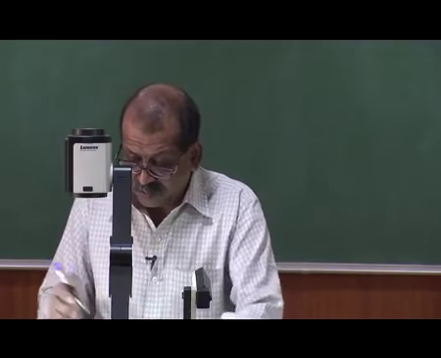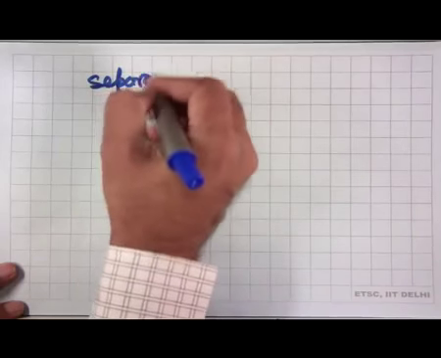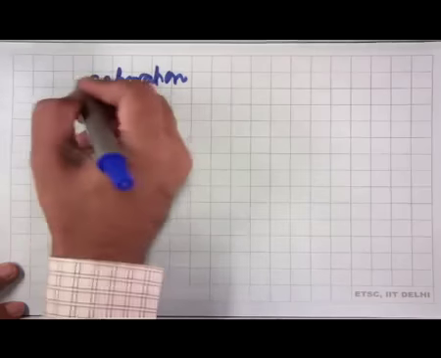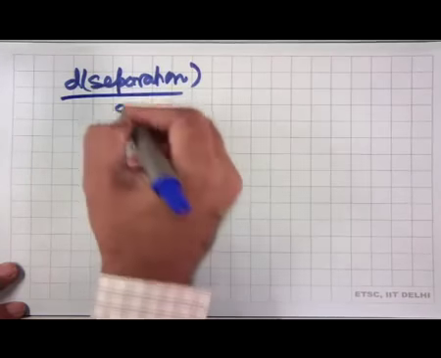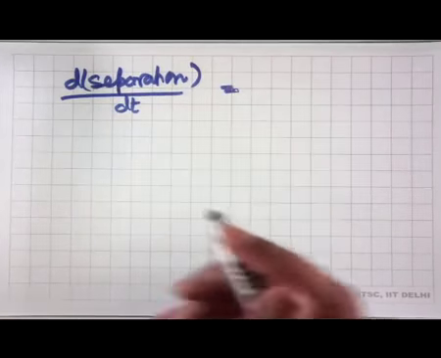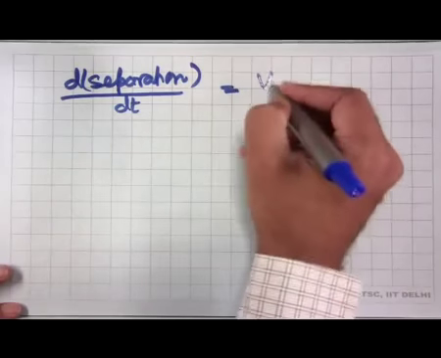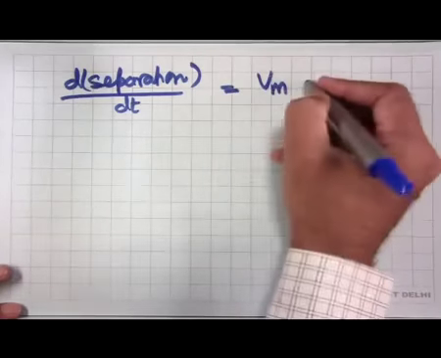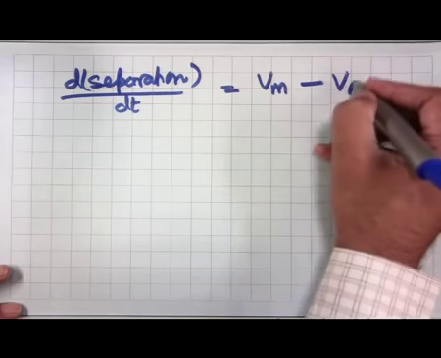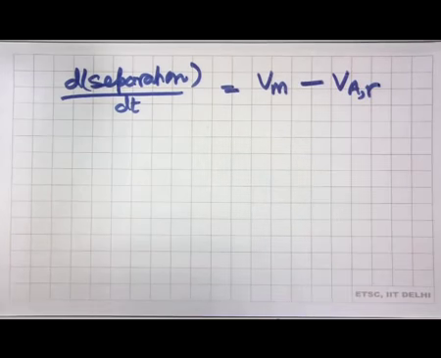So, the rate of change of this separation will be equal to the velocity of the missile minus the velocity of the aircraft in the r direction.